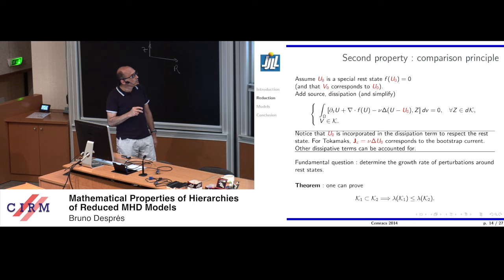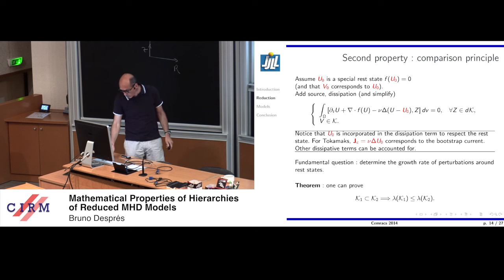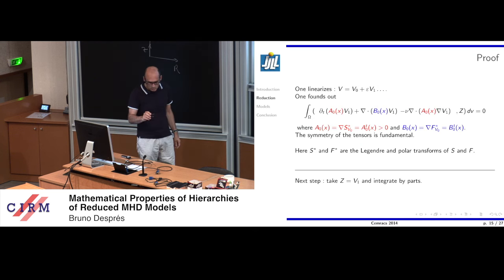Lambda for K1, the maximal growth rate of linear perturbation, is smaller than lambda for K2. And if you do not reduce, you get the maximal growth rate of the original system. So it is a comparison principle, and in hyperbolic theory such comparison principles are well known. Here we just translate it to the framework convenient for MHD. The proof is that simple.